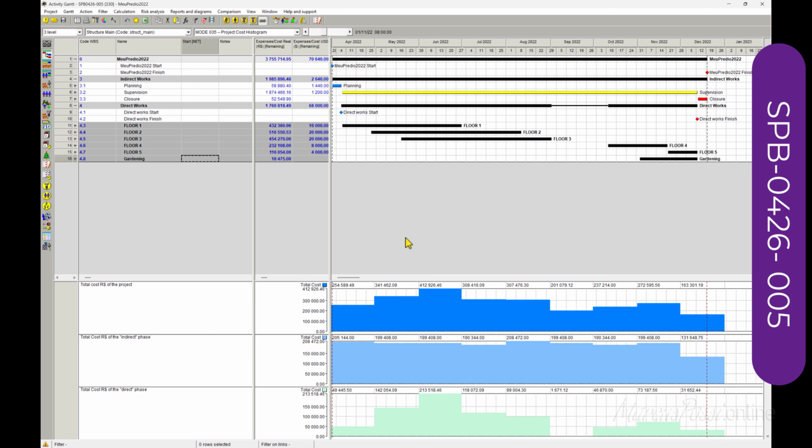Okay. The idea of this layout is to show how the money will be spent.